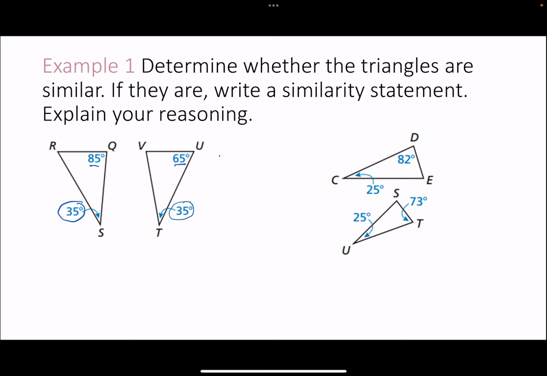But if we add 65 to 35, we get an even 100, and the angles of a triangle add up to 180. So if we take away 100, we should get 80 degrees. So this angle V is 80 degrees, whereas angle Q is 85 degrees. So no, they are not similar.